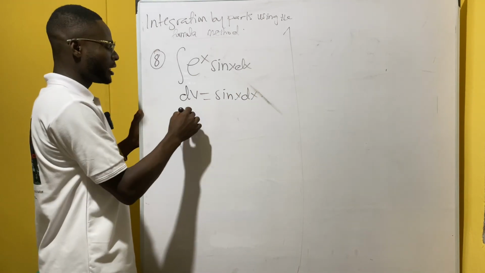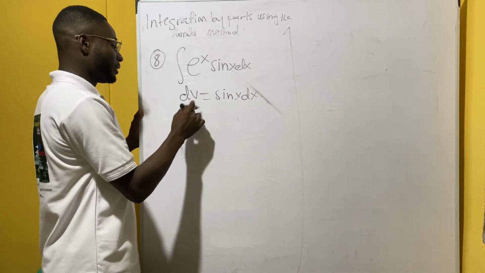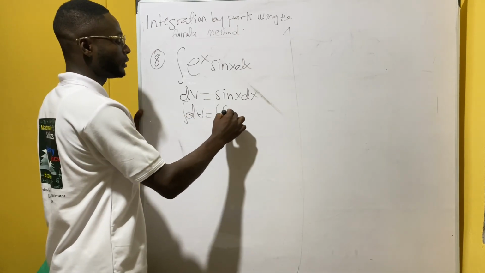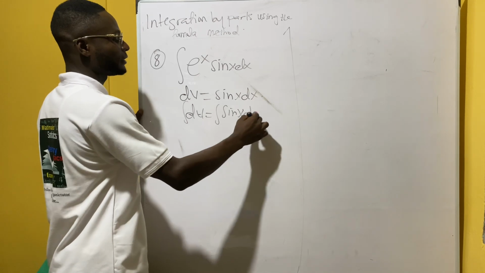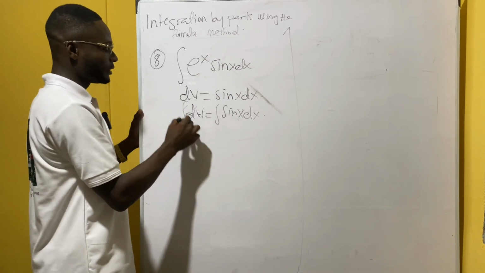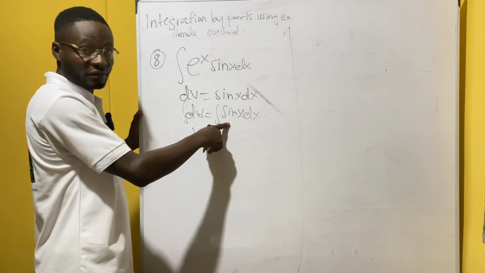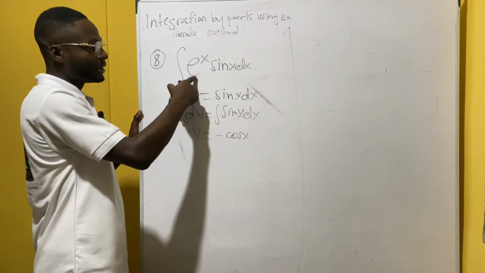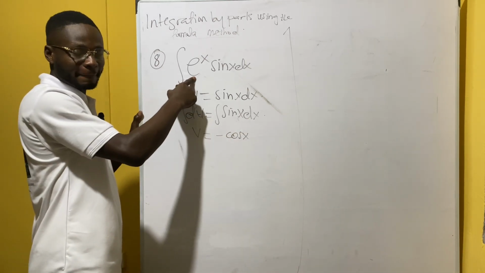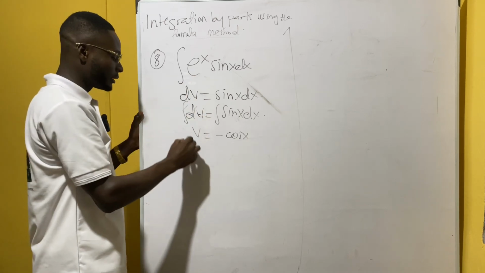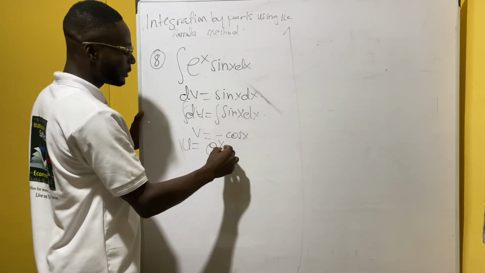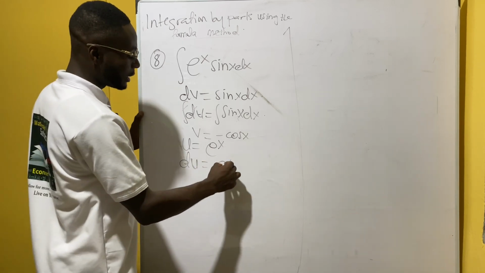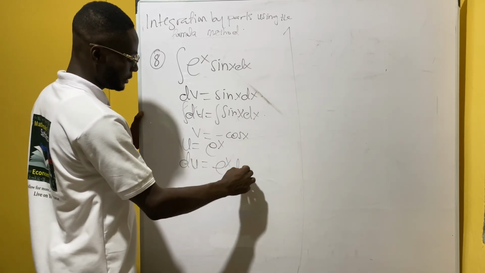So integrating dv, the integral of sine x is negative cos x, so v is negative cos x. Then e power x will be the u, so u is equal to e power x and du is equal to e power x dx.